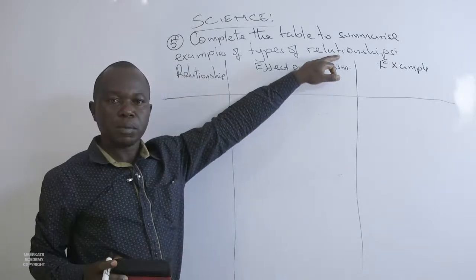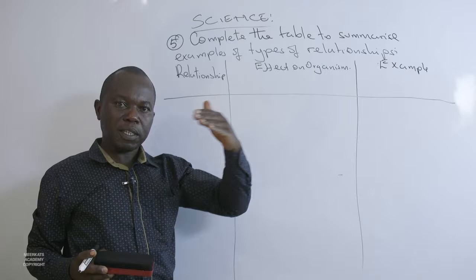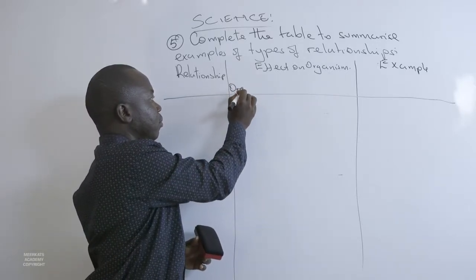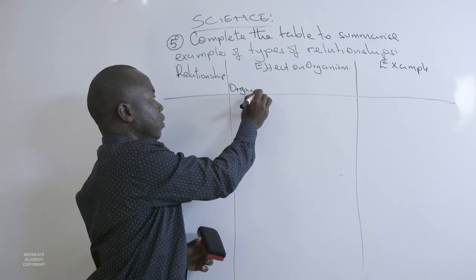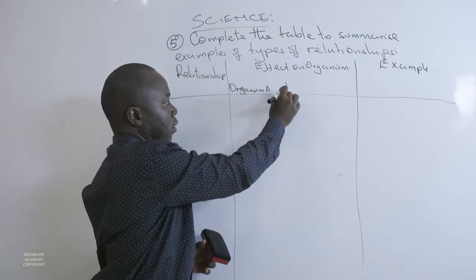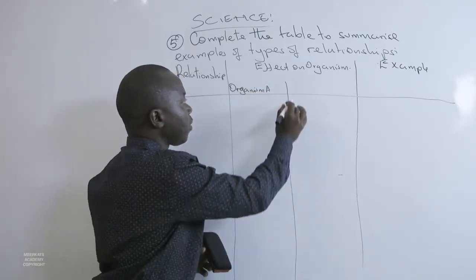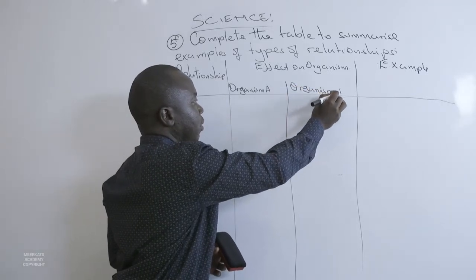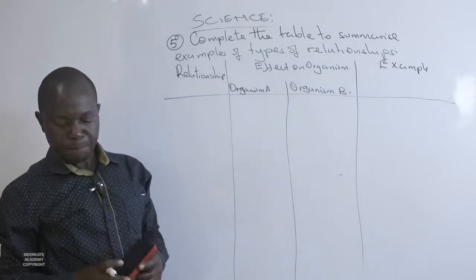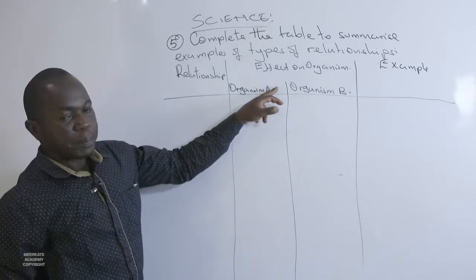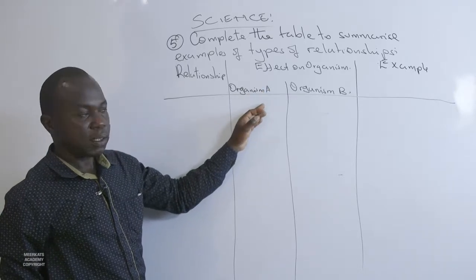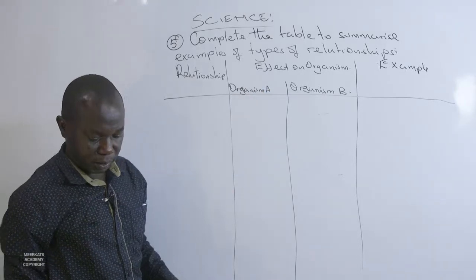For any relationship to be there, you must have species A and species B. So let us say organism A and organism B. Because you cannot use species, since sometimes even this type of relationship is between the same type of species.